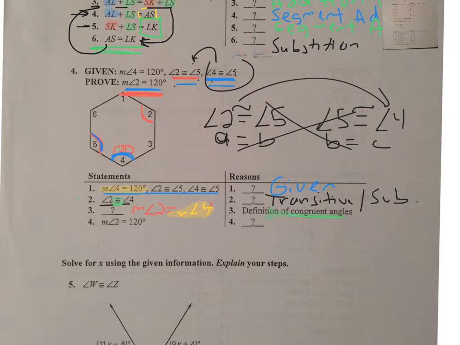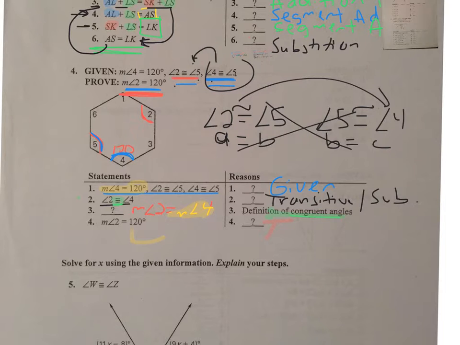Another way to write the measure of angle 4 is simply 120 degrees, so I can swap it right in. Again, that could be transitive property, that could be substitution. Either way works.